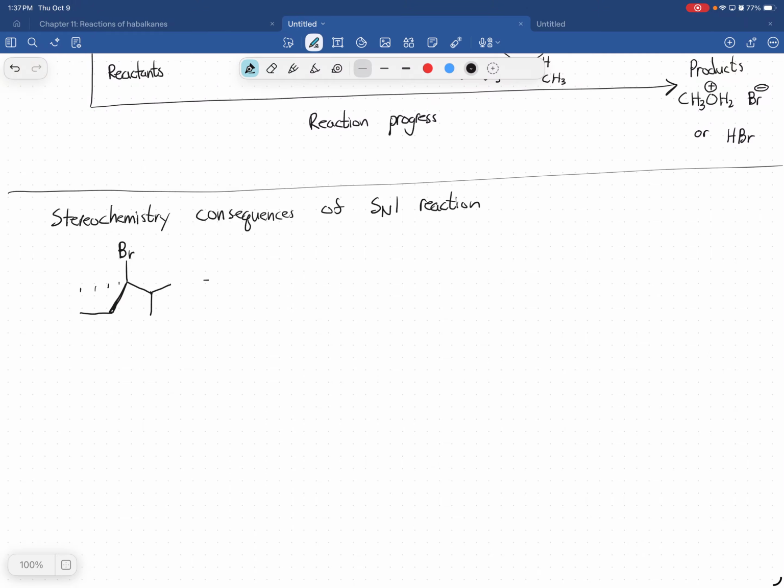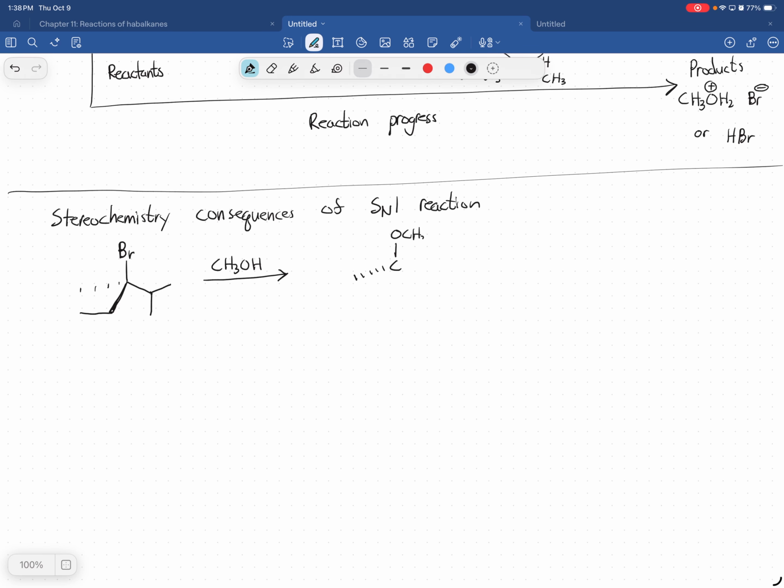And now we're going to do SN1, tertiary position, tertiary alkyl halide, and a weak nucleophile. That is SN1. So you get two products here. Let's just draw them.